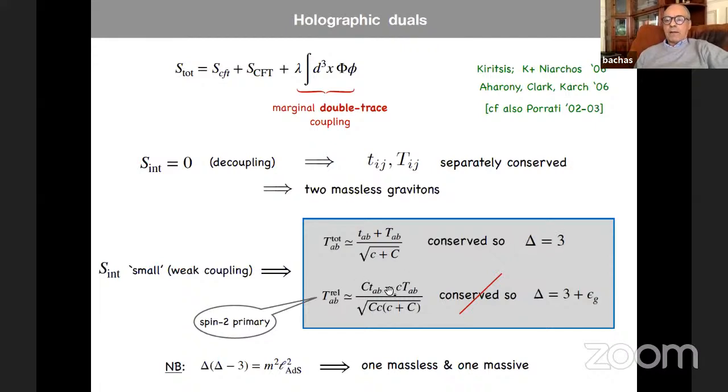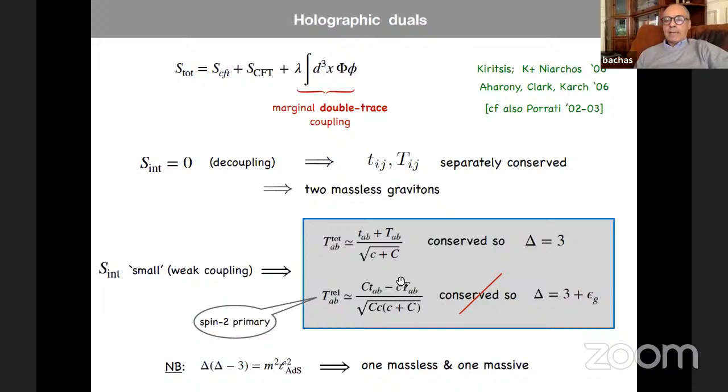The relative one, on the other hand, need not be conserved. There is exchange of energy, so it can pick up an anomalous scaling dimension, epsilon g. And epsilon g is essentially the mass of the second spin 2 primary operator. Now, I have used here combinations which are normalized so that the 2-point functions are 1, and so that the relative t is actually a primary field of the total t.